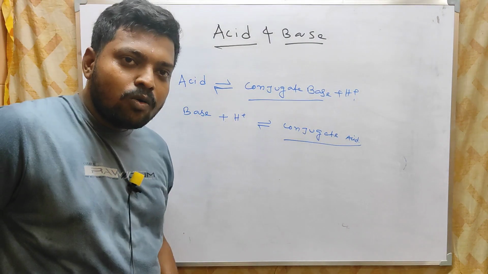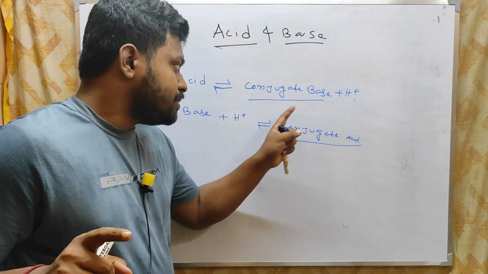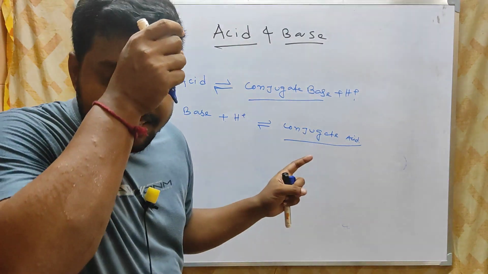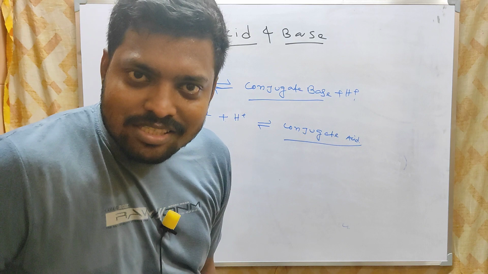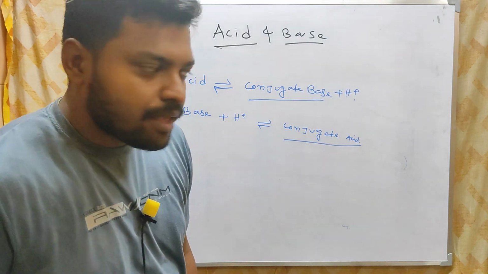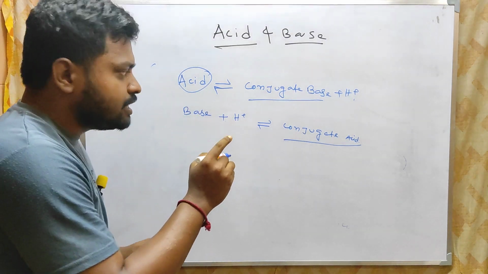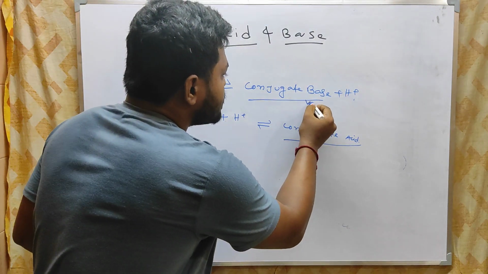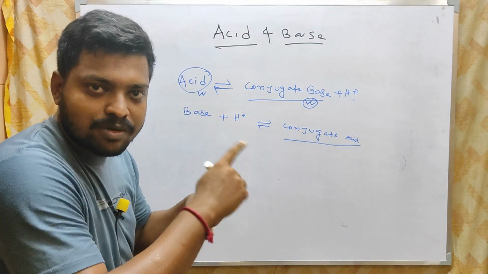Another important part: when are strong conjugate acid and strong conjugate base formed, and when are weak conjugate acid and weak conjugate base formed? If this acid is strong, then the conjugate base formed will be weak, and vice versa.